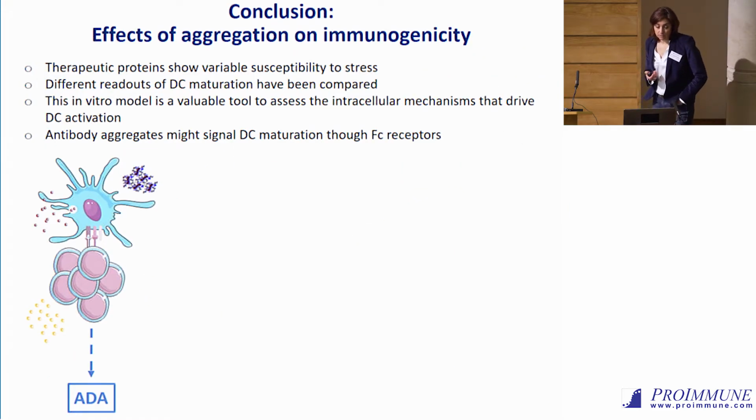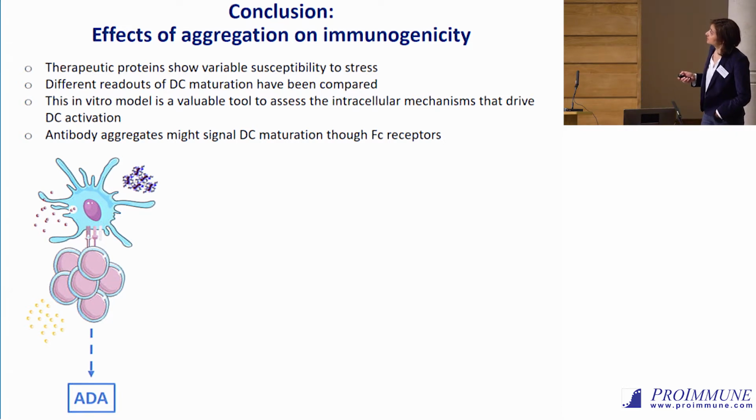So in conclusion of our work, you see that therapeutic proteins show very variable susceptibility to stress. We were able to identify different readouts of this immaturation, and to show that this model is a valuable tool to assess the intracellular mechanisms that drive DC activation.